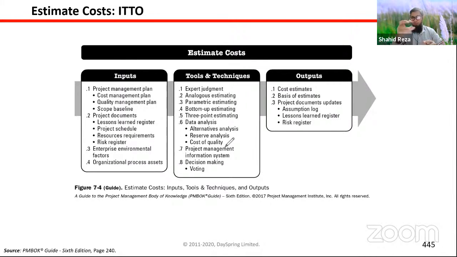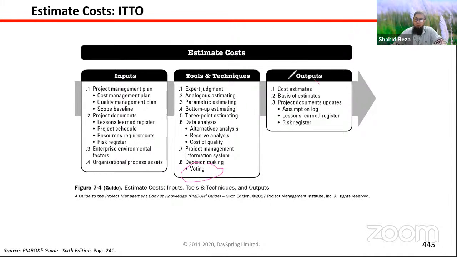If you know the duration for each task, what type of resource and how many resources you need, and the rate, the software will automatically calculate the budget for the project. For decision making, if there is any issue related to decision consensus, then you have to take votes, and there are different kinds of voting techniques. Any technique that is appropriate for your project and your team, you can use.